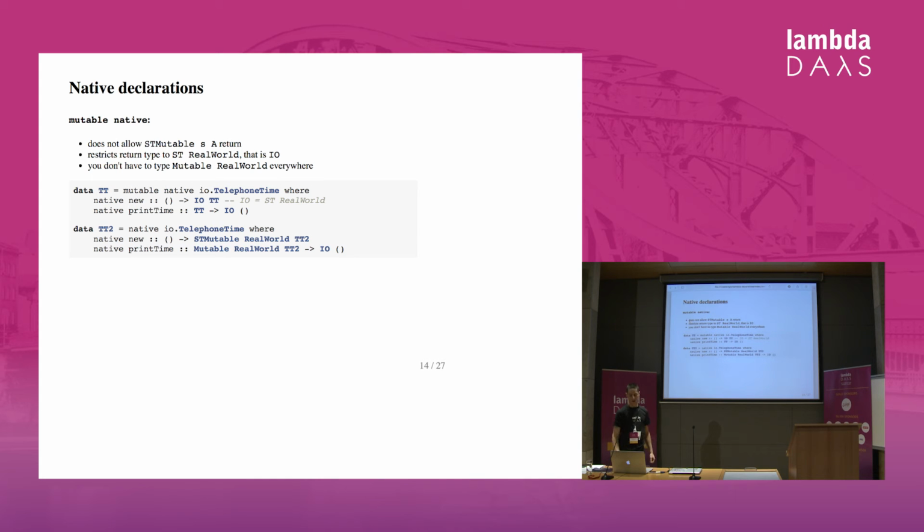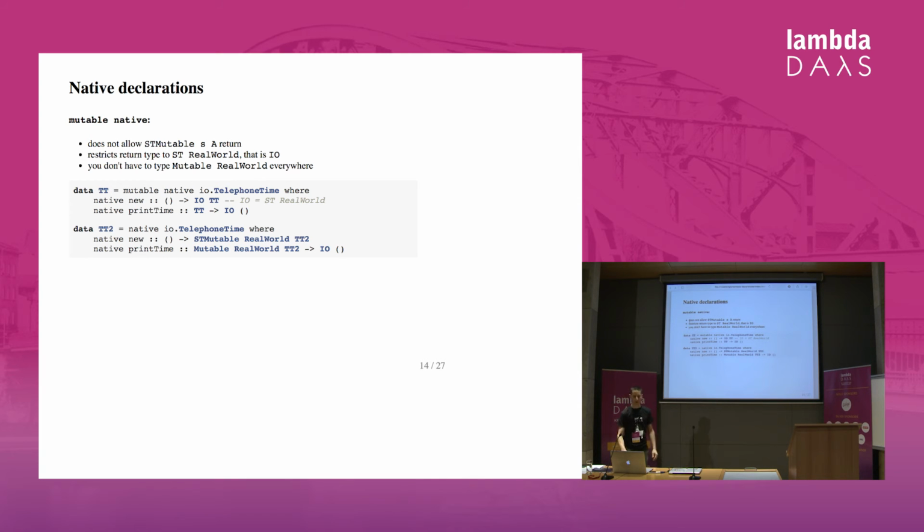And there is one last thing related to mutable. Sometimes you deal with types that are, let's say, highly mutable. They operate with the real world, and you would have to write this ST Mutable RealWorld thing in type signatures everywhere, or on the left-hand side you would need to write a Mutable RealWorld parameter and so on.